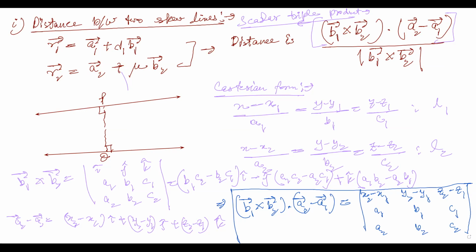Now let's find out the distance between two skew lines through an example. By the way, the distance between two parallel lines is pretty simple as well. So let's study that as well.